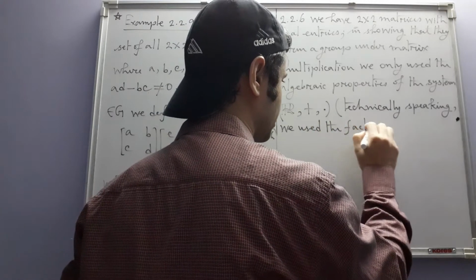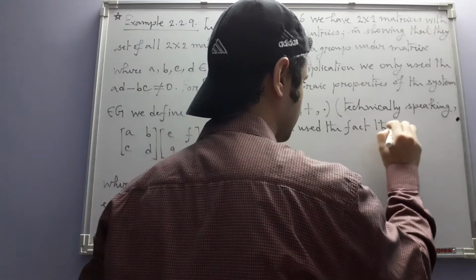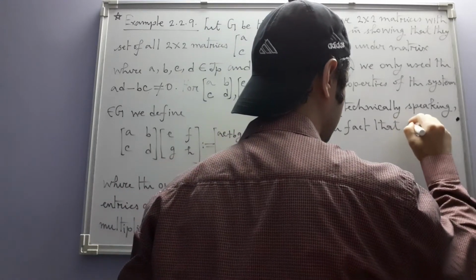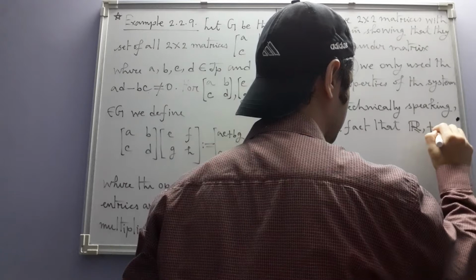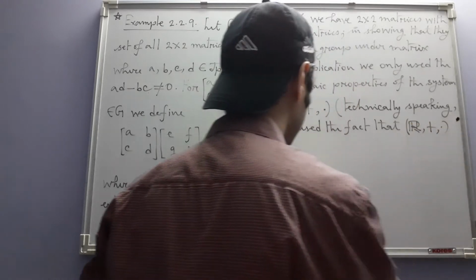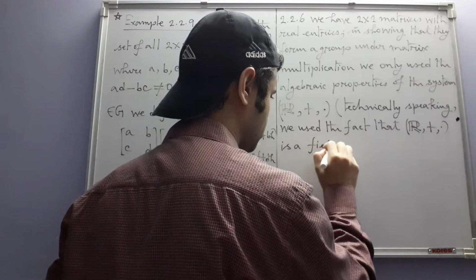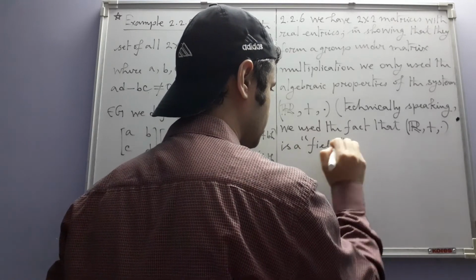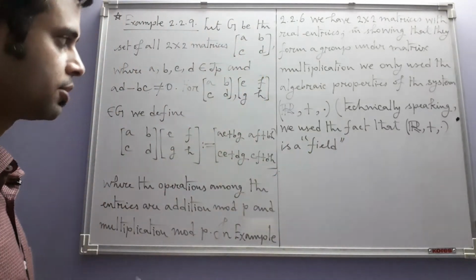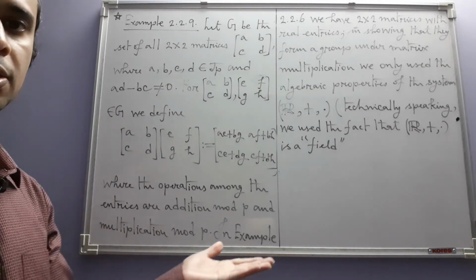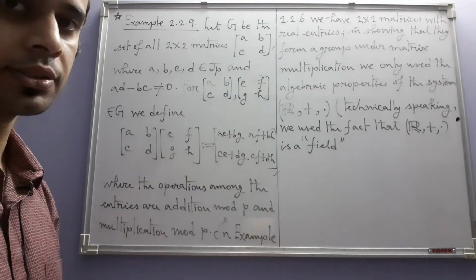we used the fact that this system is a field. Field within quotes, because at this stage we are not supposed to know about fields.